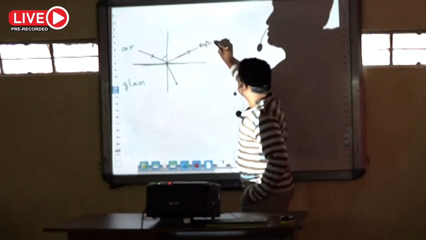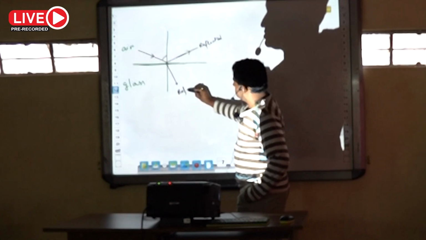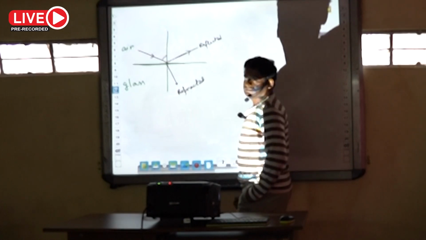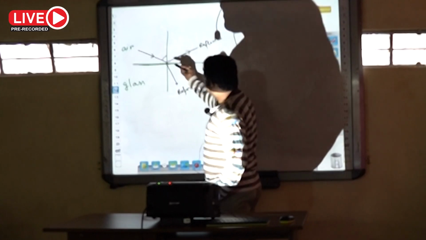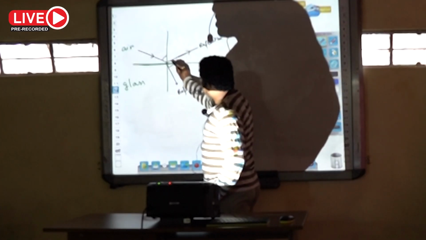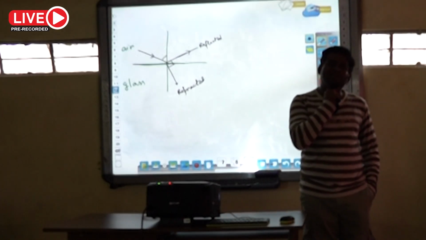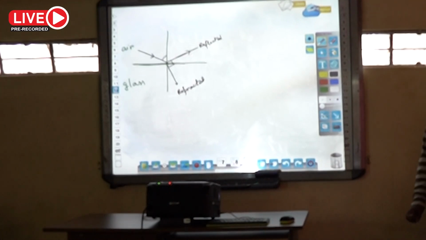Reflected, refracted. And it is said that the reflected and the refracted light rays are perpendicular to each other. Then what is the angle of incidence?